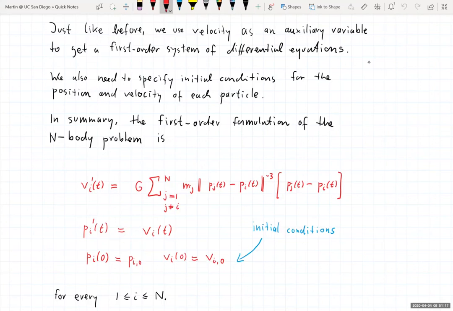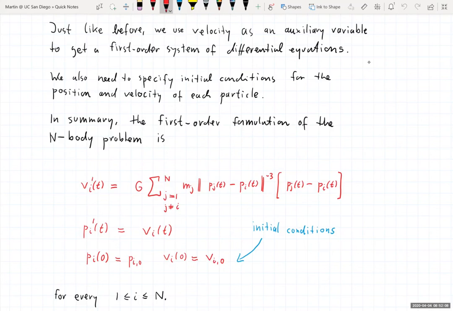And what we sum up is m_j multiplied by the Euclidean norm of p_j of t minus p_i of t to the inverse cubic power multiplied by the vector p_j of t minus p_i of t. And then we also need to explicitly couple the velocity variable and the position variable of the ith particle. And that is done via the differential equation p_i prime of t equal to v_i of t.